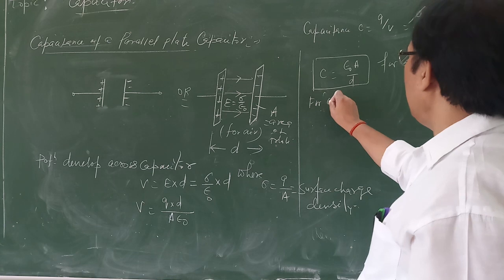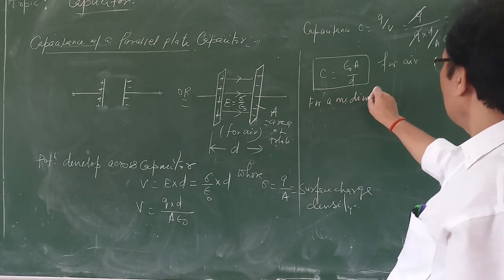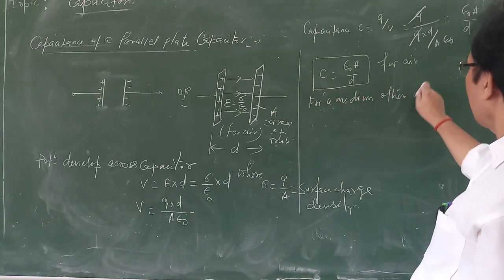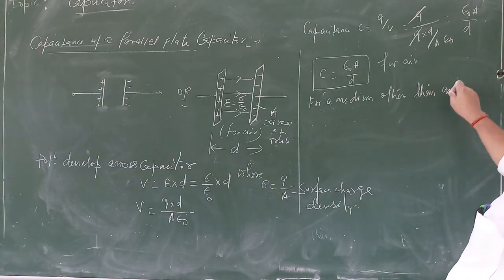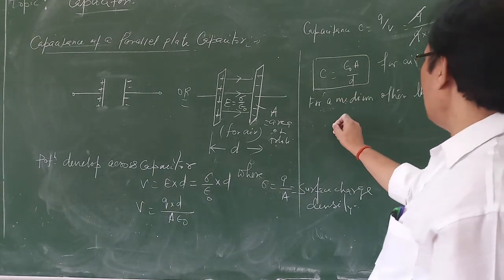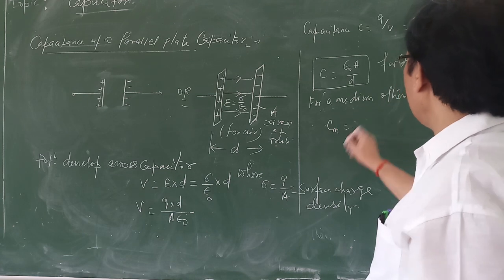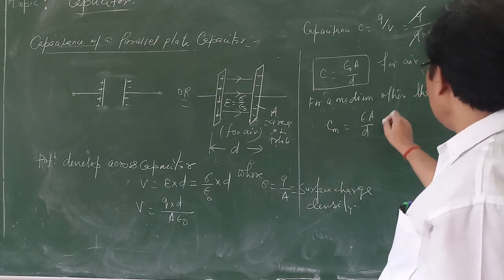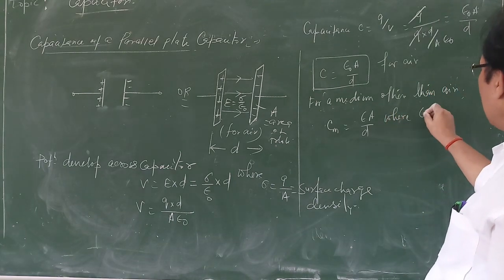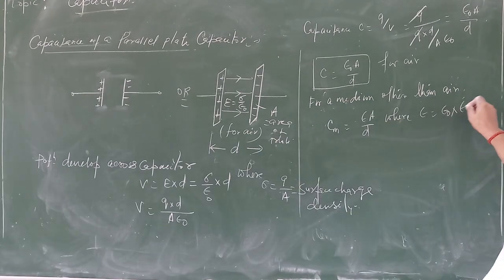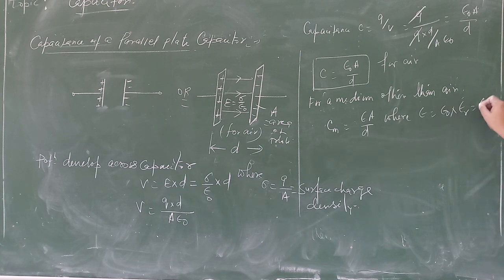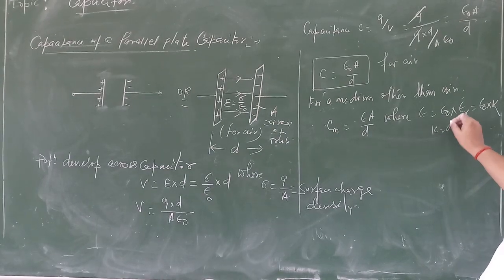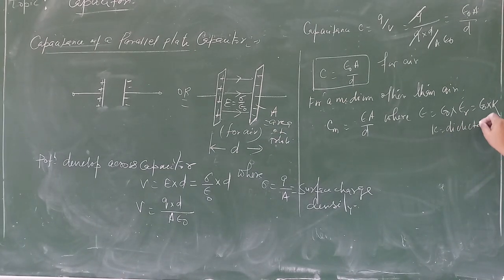For a medium other than air, you can use the formula C_m equals epsilon A by D, where epsilon equals epsilon naught into epsilon R, or epsilon naught into K, where K is called the dielectric constant.